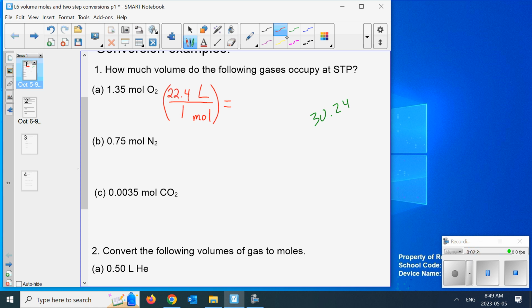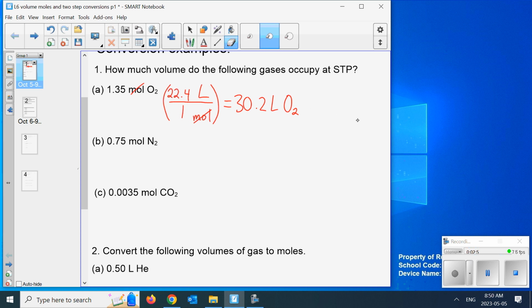That's 3 significant figures. So I need to round to 3 digits, not decimal places. 30.2. Like before, I need the units. Moles are gone, liters, and it's the chemical oxygen. Okay?